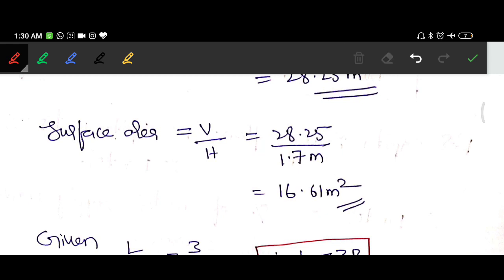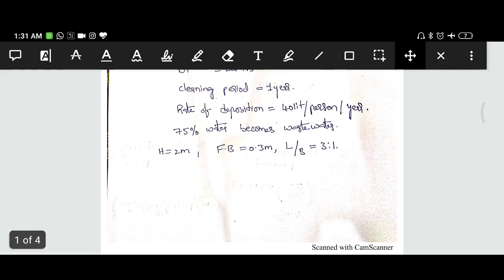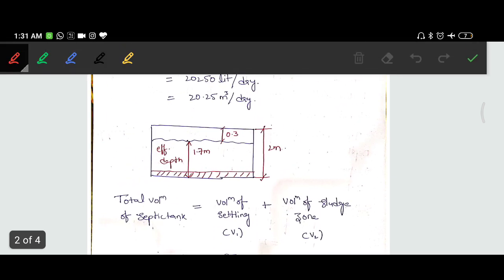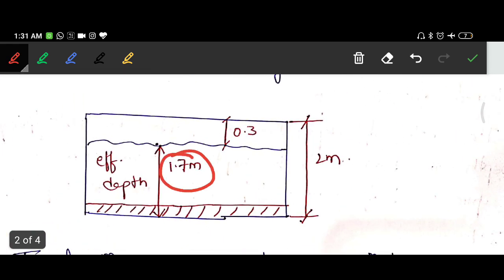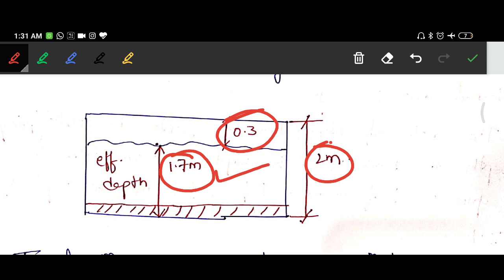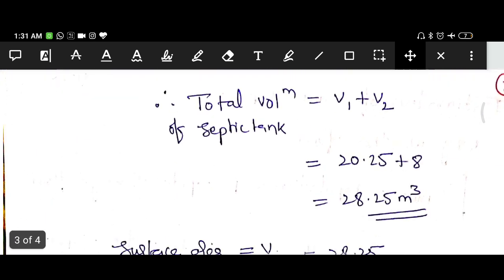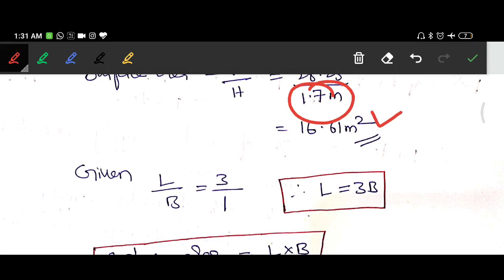Looking at the figure, the total depth is given as 2 meters, and we subtract the freeboard, so we get the effective depth, that is 1.7. We put the value here. Fine, hope it is clear.